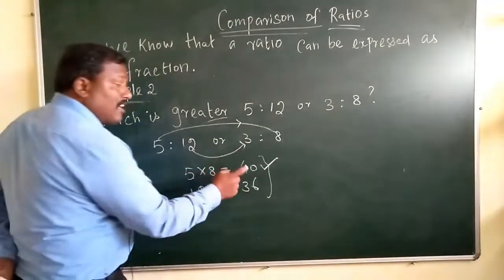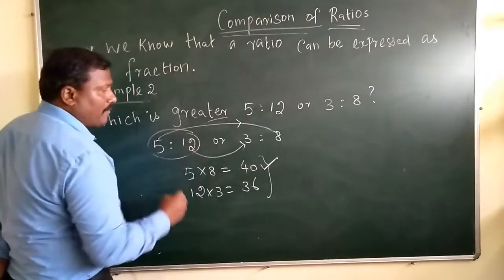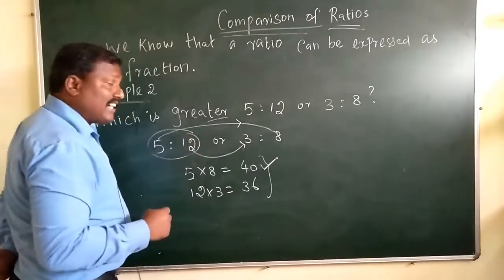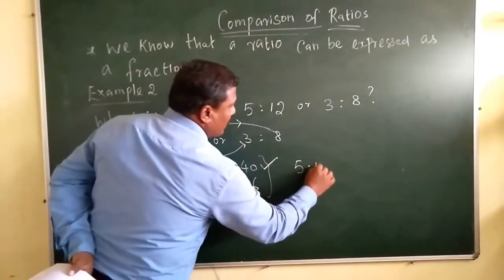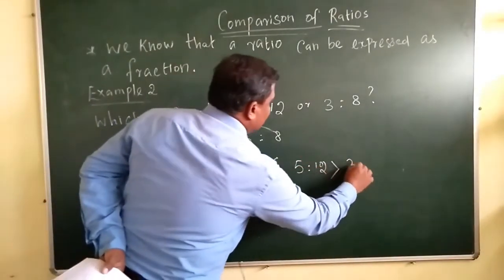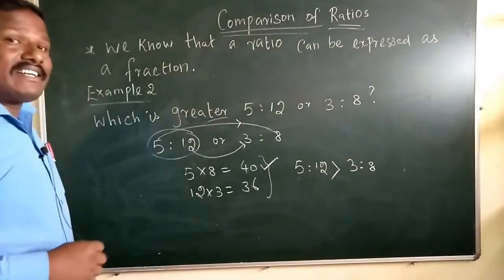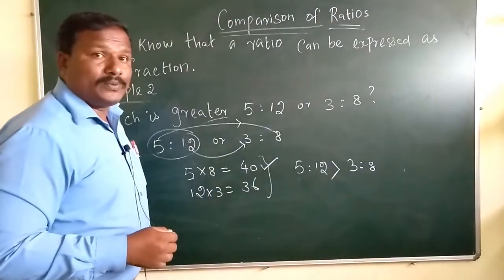If the first product is greater, the first ratio is bigger. If the second product is greater, the second ratio is greater. So 5:12 is greater than 3:8. 5:12 is the greater ratio. This is the way we can compare the given ratios.